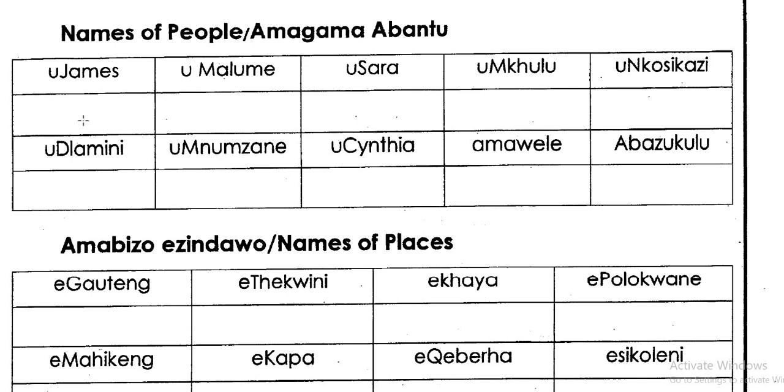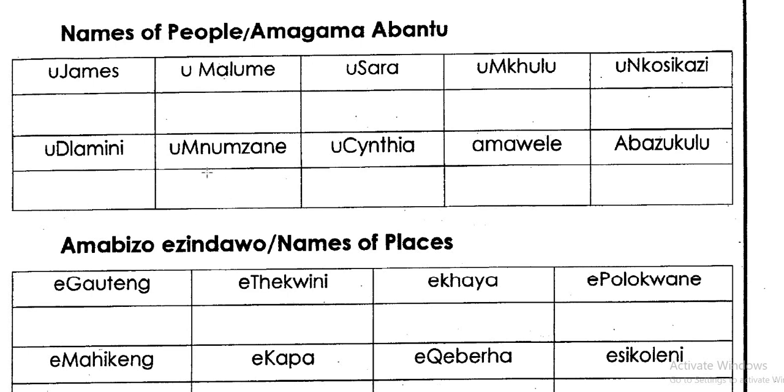But when they come to English, below in this triangle, they just write James, Malome. Or if they don't want to write Malome, they can write uncle. Sarah would be Sarah. Umkhulu, grandfather. Unkosikazi, Mrs, capital M-R-S, Mrs. Dlamini will be Dlamini in English.